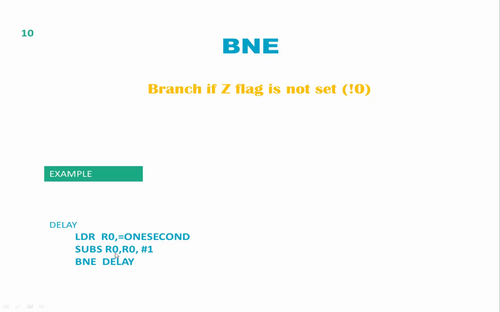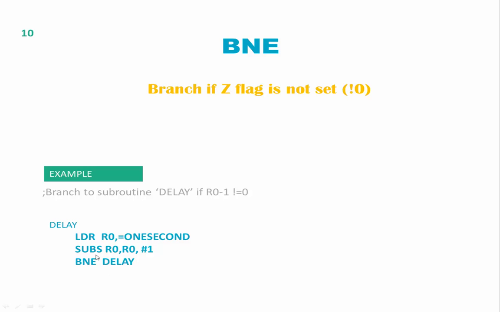Yes, it's like we have 3 operands in the Cortex-M instruction set. You can use 2 operands and 3 operands sometimes. In fact, we can delete this R0. What this R0 is basically doing is that subtract 1 from R0 and put the value back into R0. So it's like R0 equals R0 minus 1. That's what it means here.